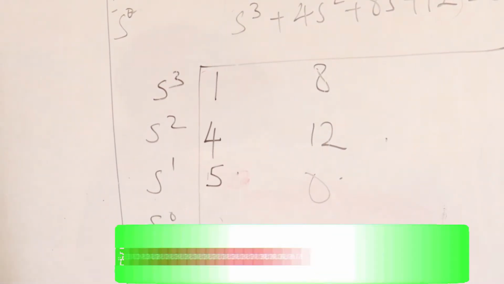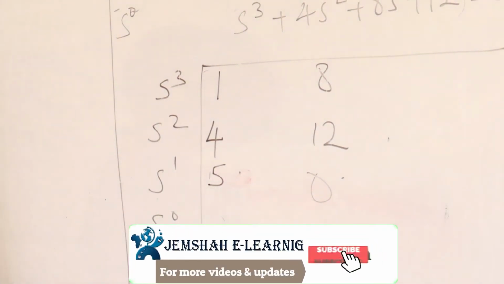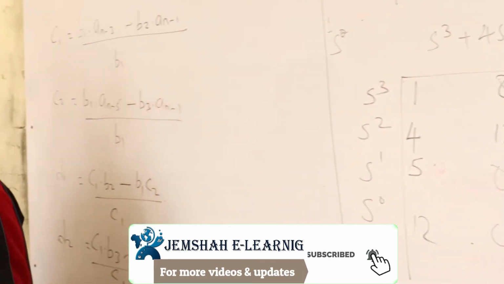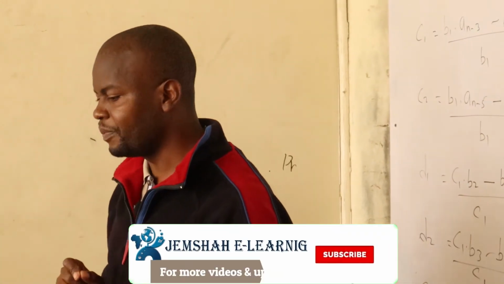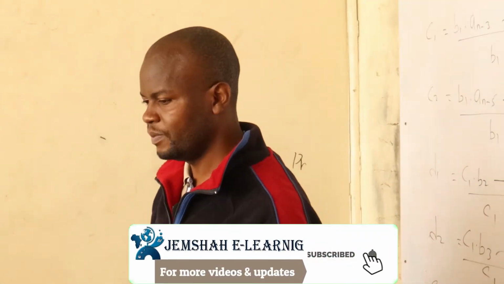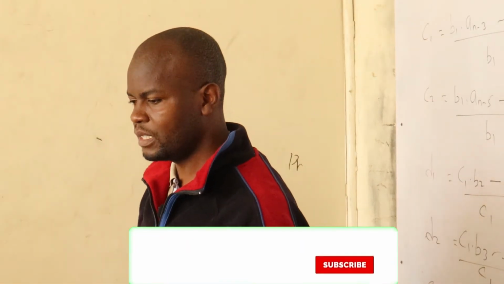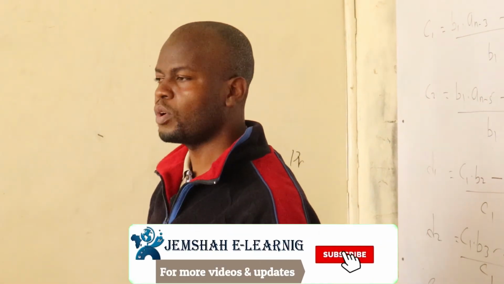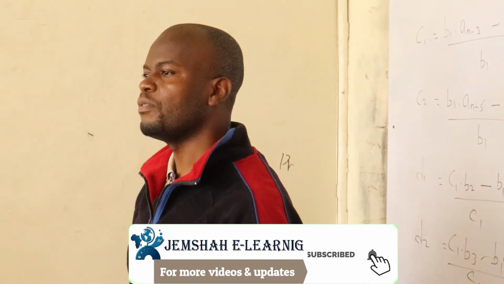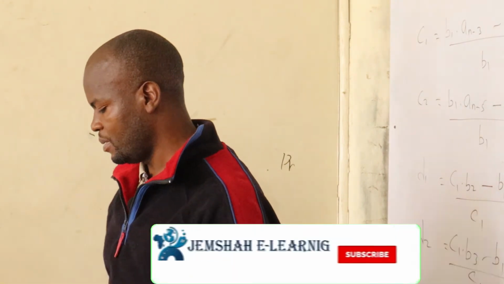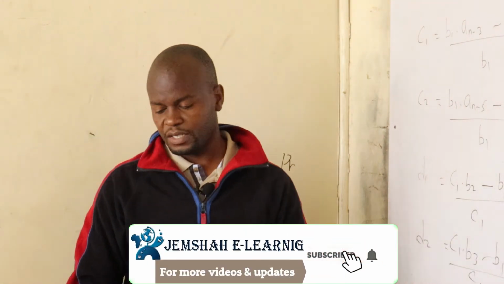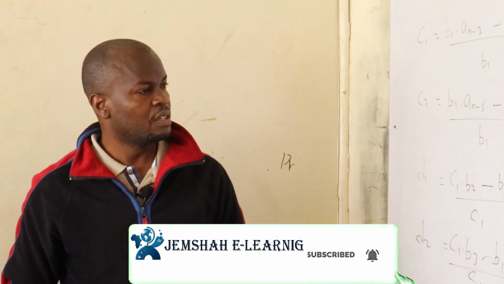The system is stable since all the roots in the first column are positive. So that is how you are supposed to deal with the stability.